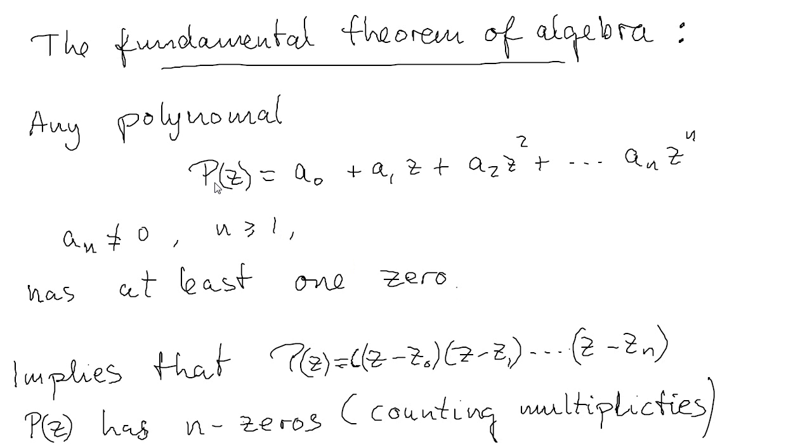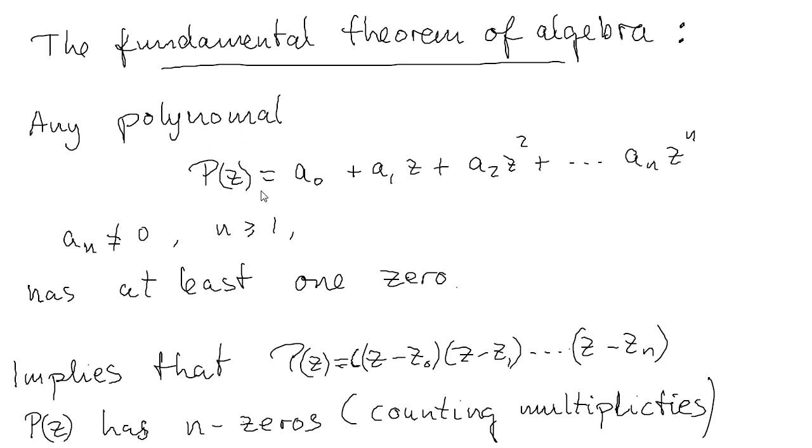More precisely, if we have a polynomial of the form a0 plus a1 z plus a2 z squared plus and so on to an z to the power of n, where a0, a1, a2 and so on are constants, and we assume that an is different from 0 and that n is an integer larger than 1, of course.